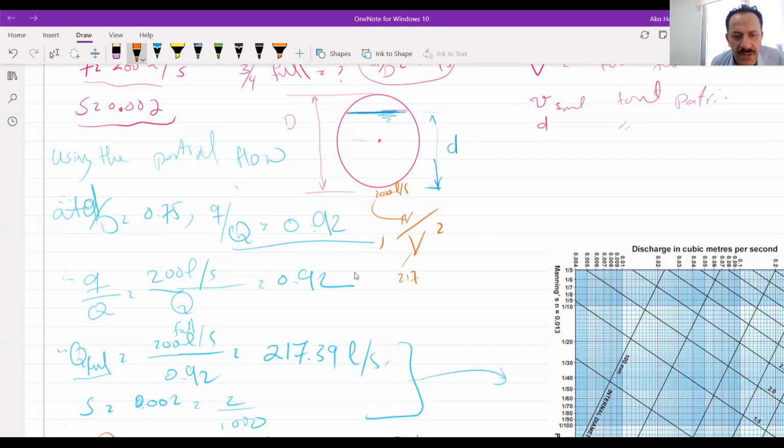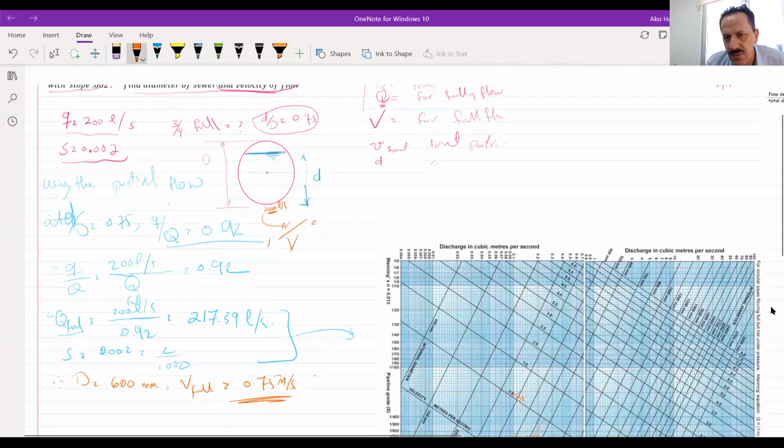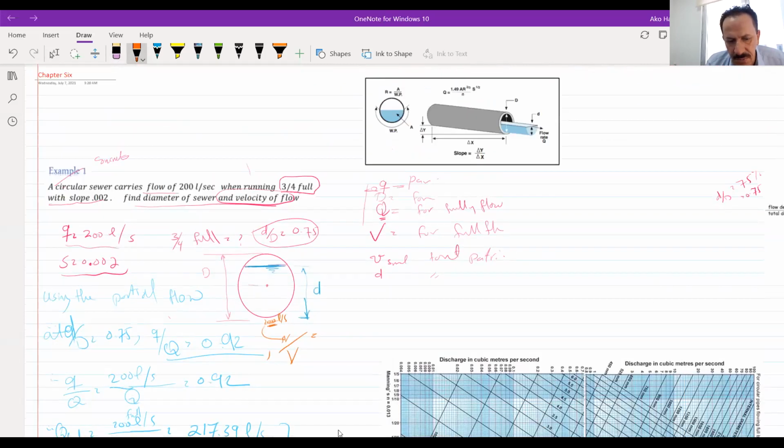I want to see the velocity for this case, and it should be found by a relation between those two V's. So I have to go with the partial flow diagram.